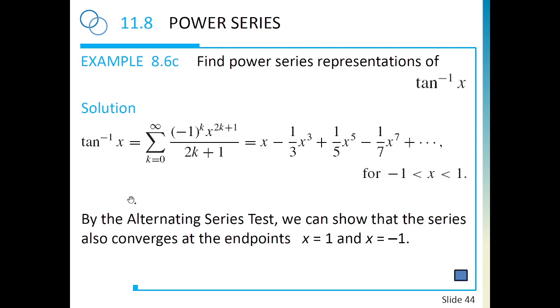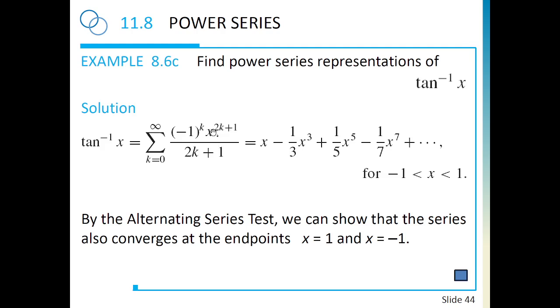Now, what happens is when we integrate, sometimes the endpoints will jump into our interval of convergence, because maybe sometimes when we integrate, the series will be convergent at one of them, but we need to check. So what happens if I try to plug in 1, I'll get an alternating series here.